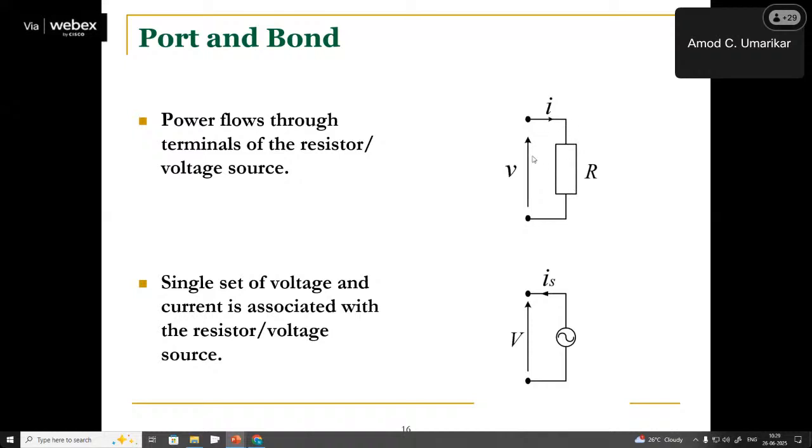This is the voltage at the terminal and the current going into the resistor. A single set of voltage and current is associated with a resistor or voltage source. So you can see that with this one-port element, there is a single set available, that is V and I, right?